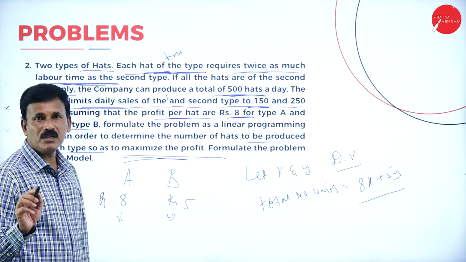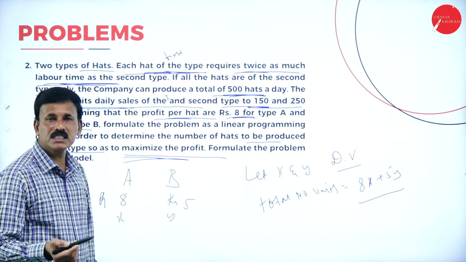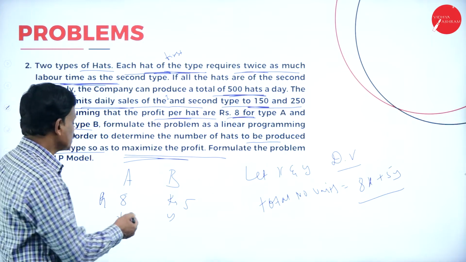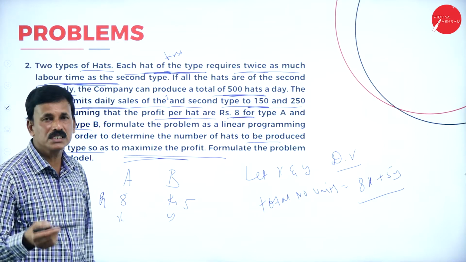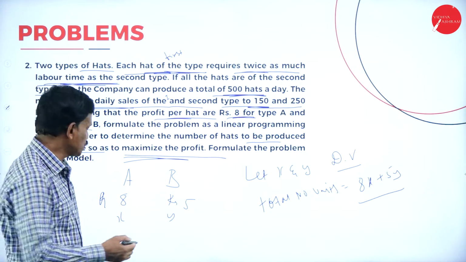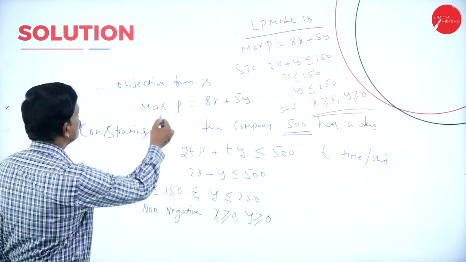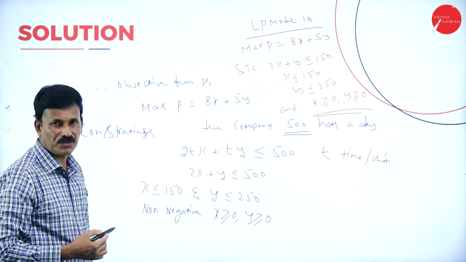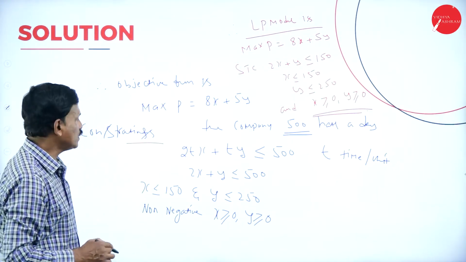A company will manufacture 2 types of hats, A and B. Let us define the decision variables as x and y. Since the profit is to be maximized, the objective function is maximum P is equal to 8x plus 5y, subject to the constraints. What are the constraints given?